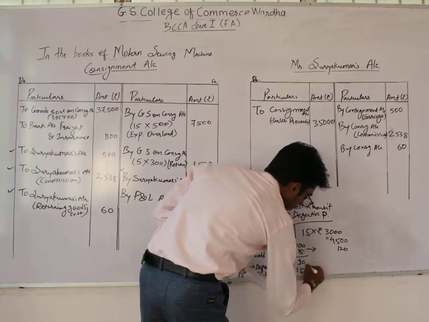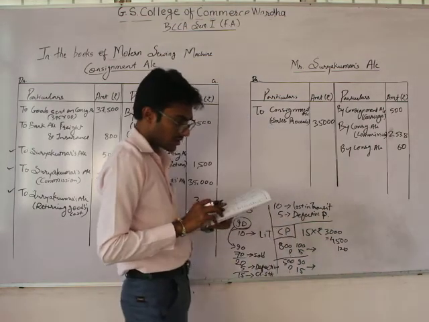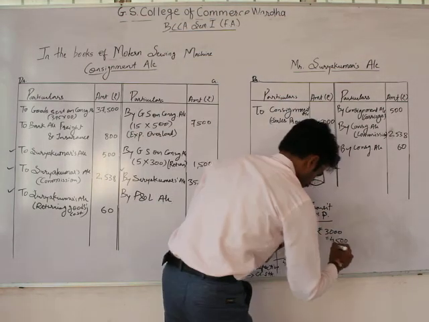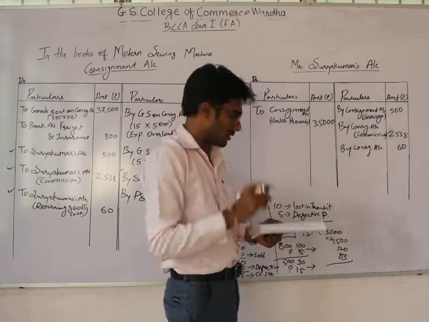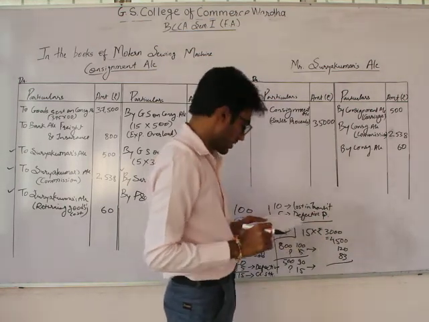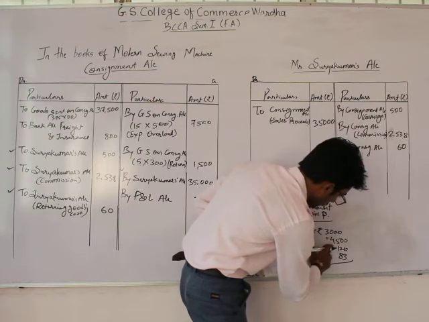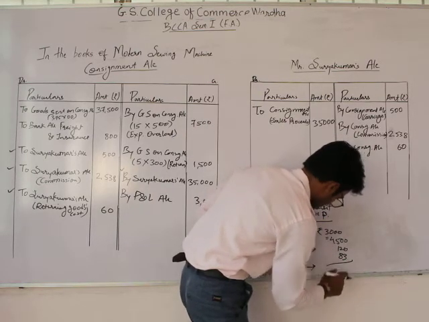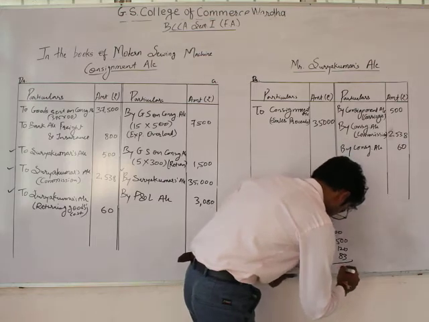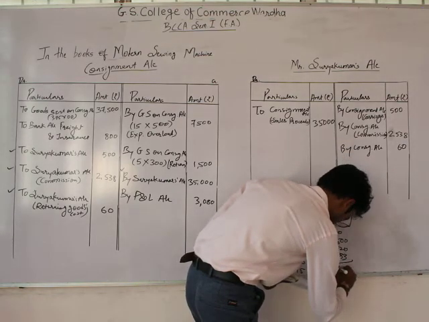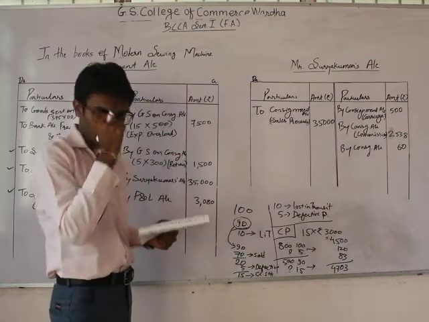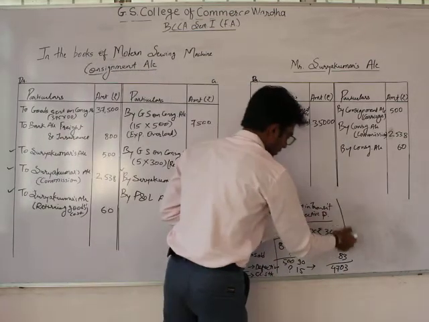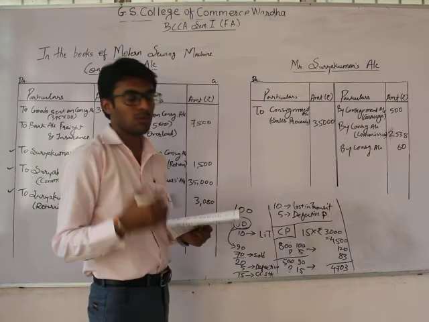You will get rupees 83, and your total cost as per the cost price will be 4,500 plus 120 plus 83. So that will be 4703.